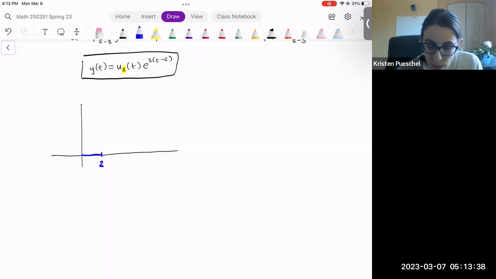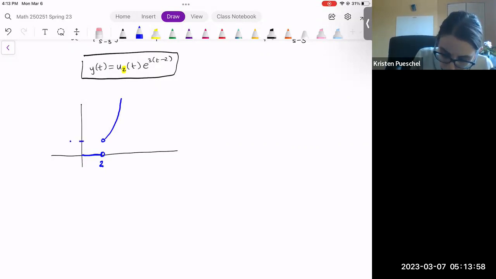So when t is equal to 2, that gives us e to the 3 times 0, so e to the 0. So then it's going to jump up to being a value of 1. And now it's growing like an exponential.